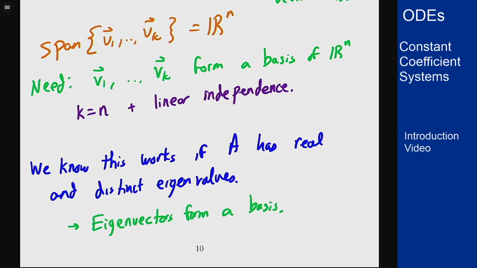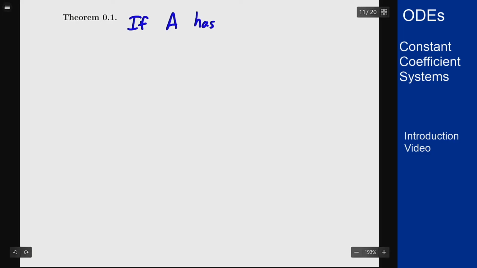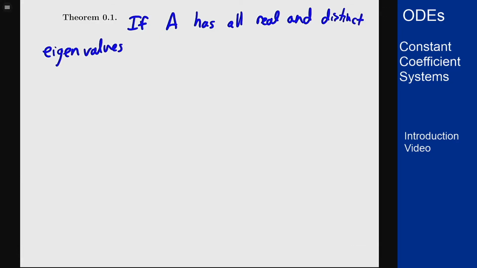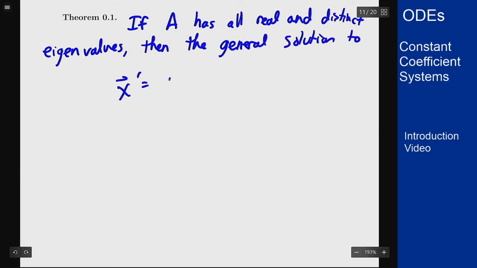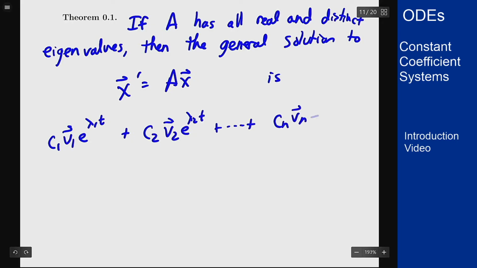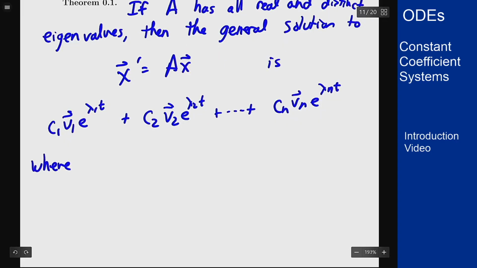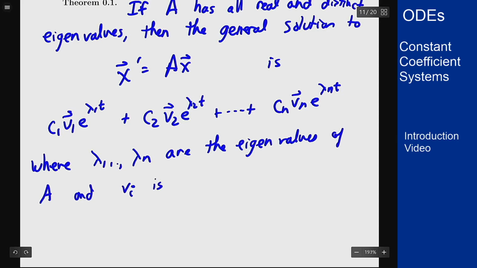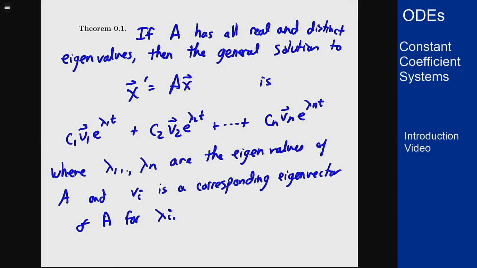So what does this look like for these particular types of equations? If the matrix A has all real and distinct eigenvalues, meaning nothing in the characteristic equation has a power more than 1, and they're all real, then the general solution to the system x prime equals Ax is c1 v1 e to the lambda 1 t plus c2 v2 e to the lambda 2 t, all the way up to cn vn e to the lambda n t, where lambda 1 up through lambda n are the eigenvalues of A, and vi for each i is a corresponding eigenvector of lambda i for A. The idea is that for different eigenvalues, my eigenvectors are linearly independent.